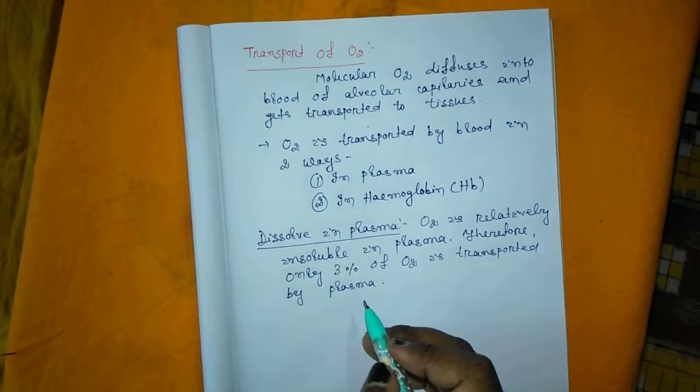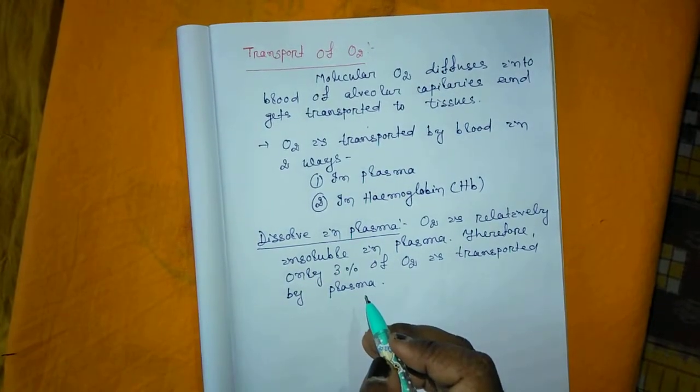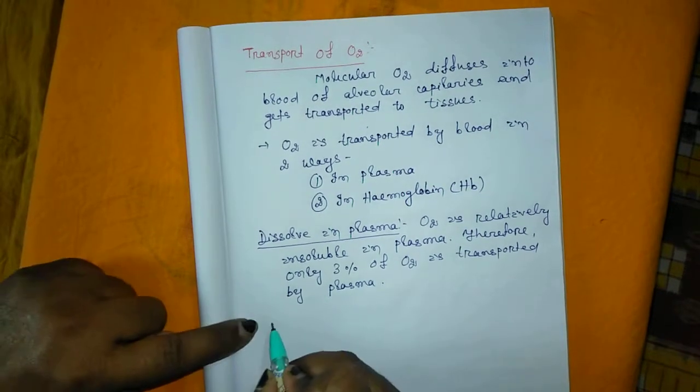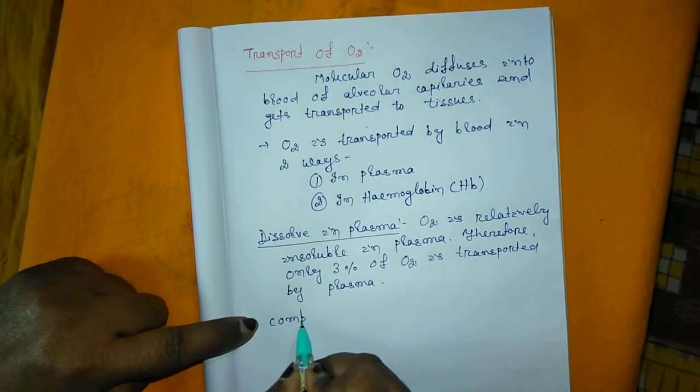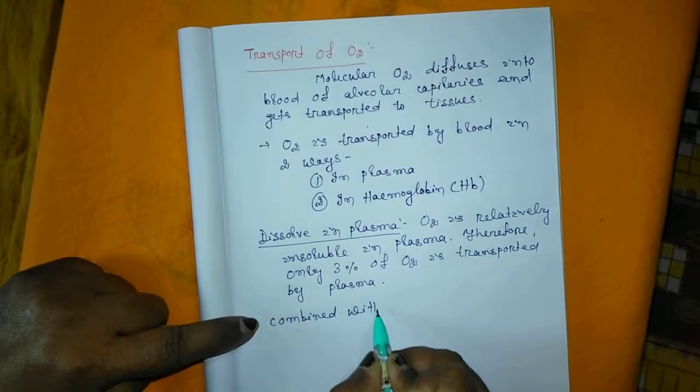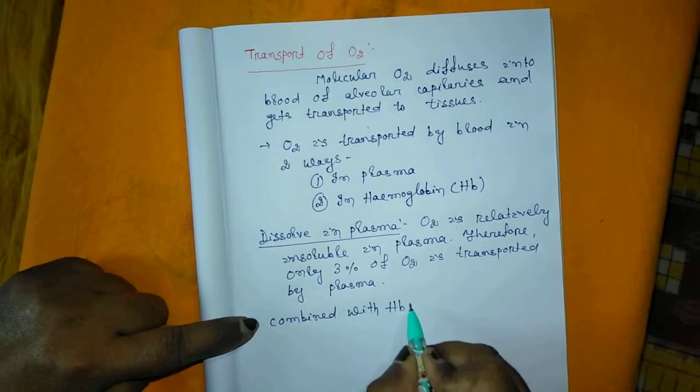Next, 97% is carried by hemoglobin by forming oxyhemoglobin. Second one is combined with hemoglobin.